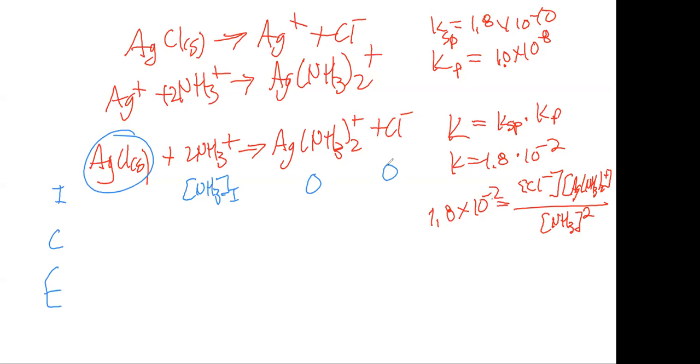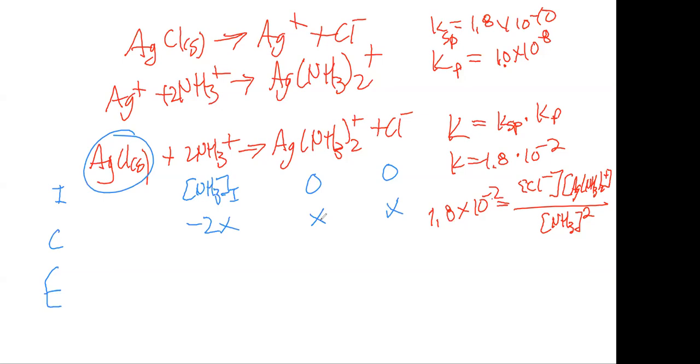I know that when we go through that change, this is going to be our X value. This is going to be minus 2X, and this is going to be our X value. And we get that Cl is going to be X because for every 1 silver that we need, then 1 Cl needs to get produced.